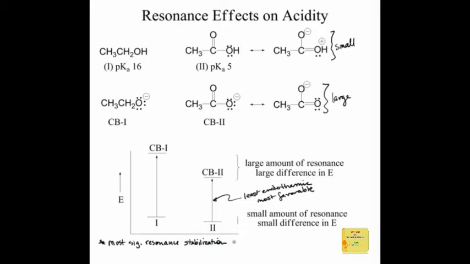So the most significant resonance stabilization is delocalization of the negative charge. If there is a way that you can move that negative charge to a different location because of resonance, that's going to lead you to the correct answer and the correct conclusion. Let's see another example.